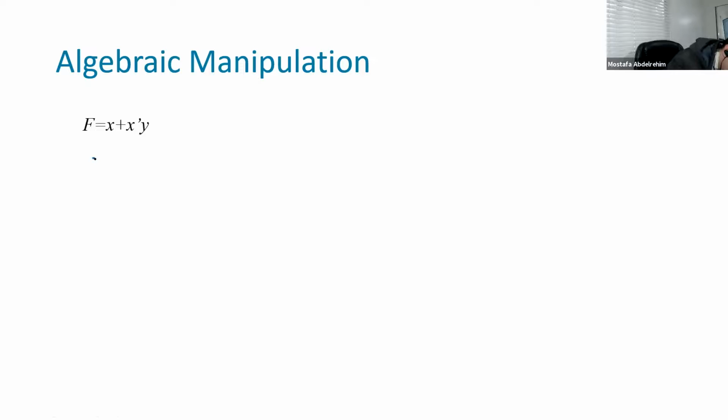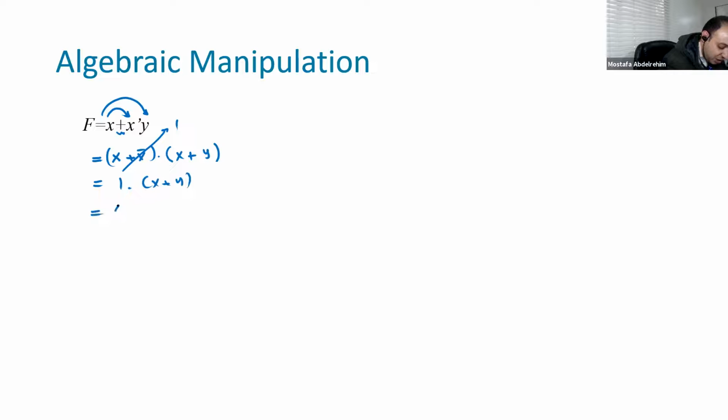So I would distribute x over this term with the or here. This is equal to x or x bar, and x or y. What is x or x bar? It is just 1. So 1 dot x or y. This is actually equal to x or y.